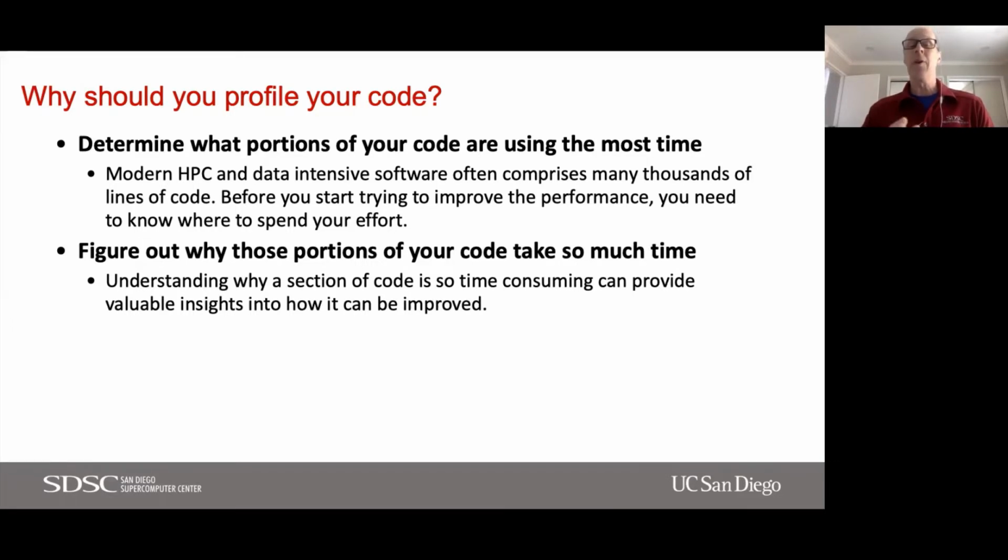So before you jump in and start trying to improve the performance of that code, you need to know where to spend your effort. You want to zero in on just those subroutines, functions, or loops that are really accounting for the time. Next, you may want to dig a little deeper and find out why those portions of your code are taking so much time.